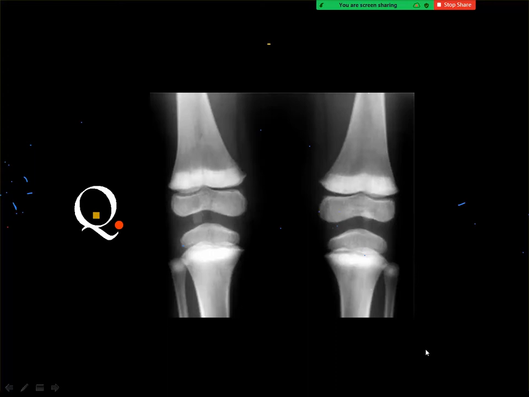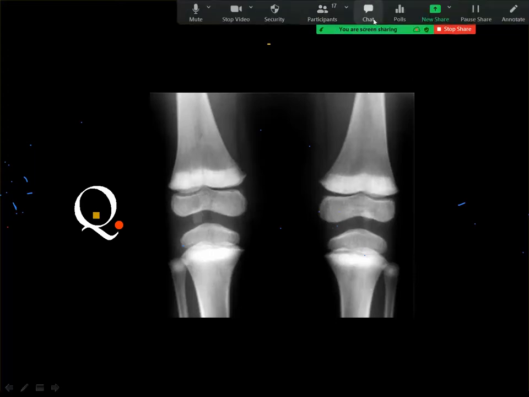And actually, there is a long list of possibilities for this. But actually, in the exam, we would like you to mention one or two of the lesions that can be associated with metaphyseal bone sclerosis.